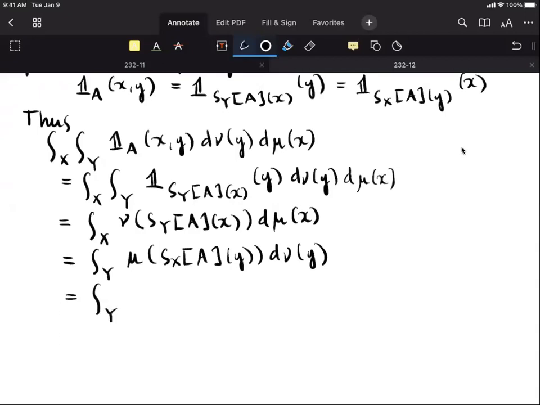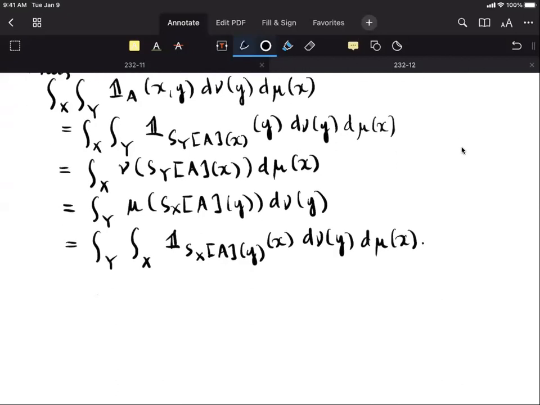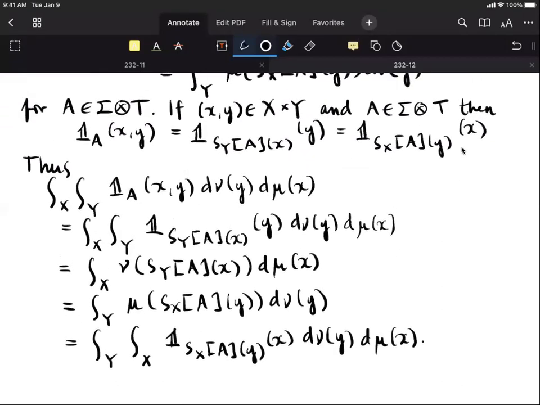The measure can be written as the integral of this step or simple function S_x to A, and you get the second characteristic function. So take note by definition that these two are equal to the product measure of A.